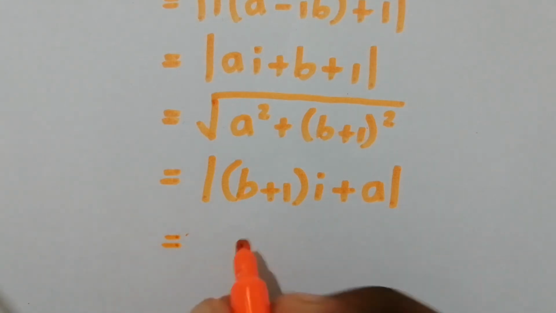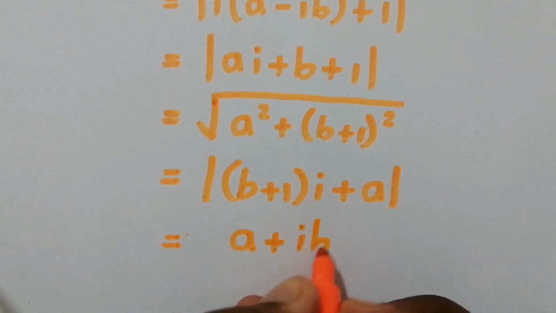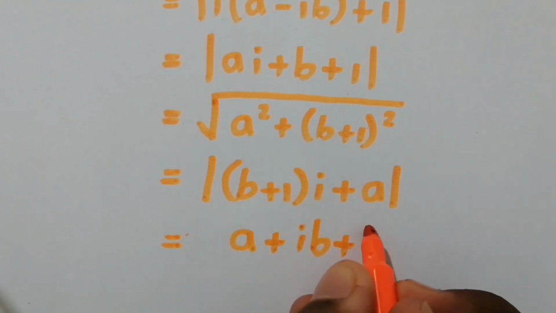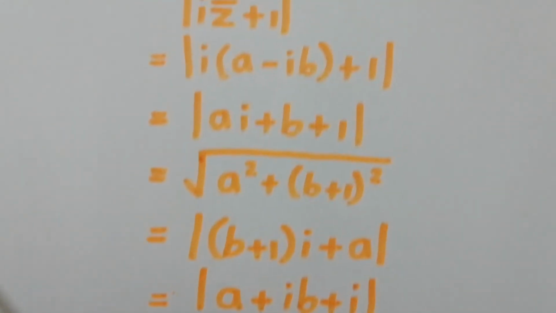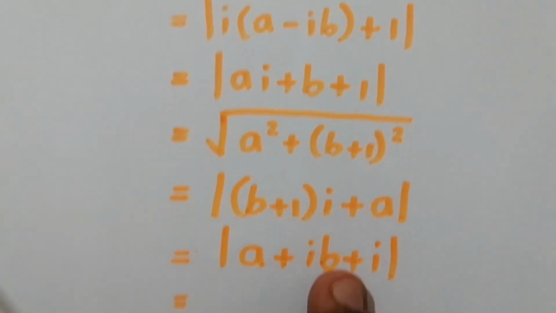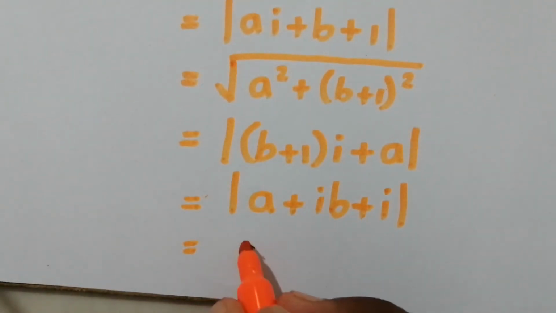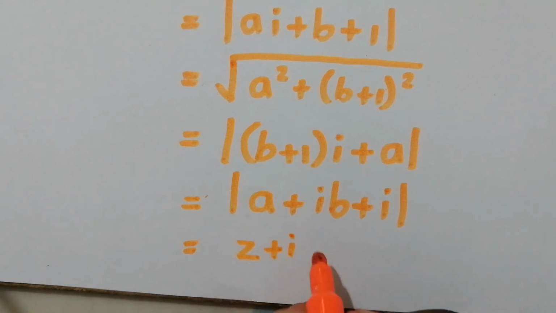Now I am having a plus ib plus i. Then a plus ib you consider as z. Then you can write it as modulus of z plus i.